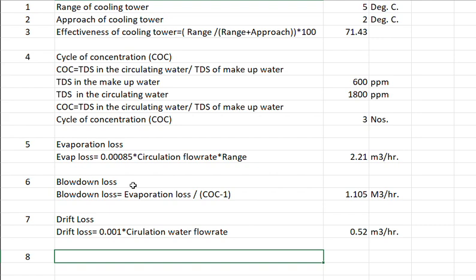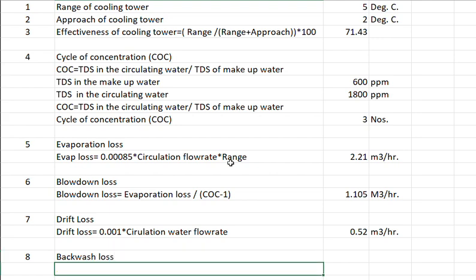Okay, there is another type of loss which we generally didn't go through during our academics: backwash loss. Backwash loss is basically 3% of the side stream flow rate.